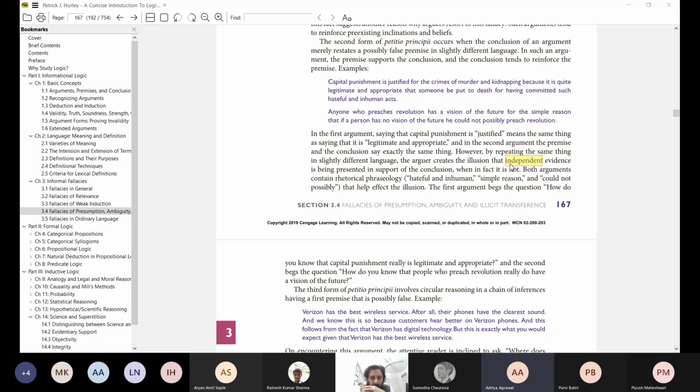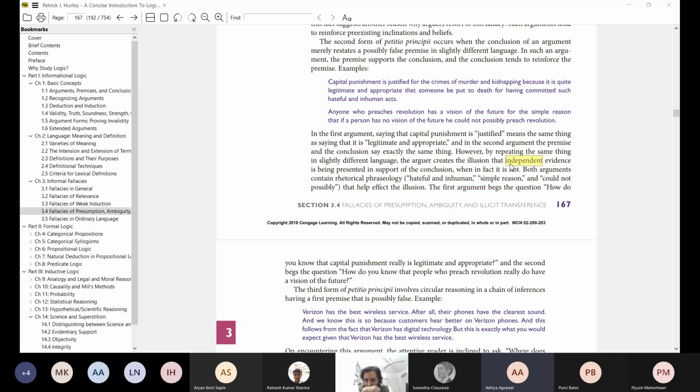The thing is that in the first example, if the premise is true, then the conclusion will be true. But you have not satisfied that the premise is already true. The premise is sort of a simple restatement of the conclusion.